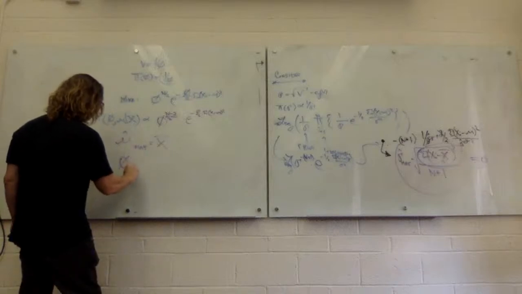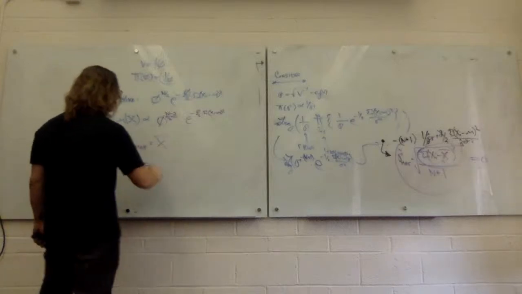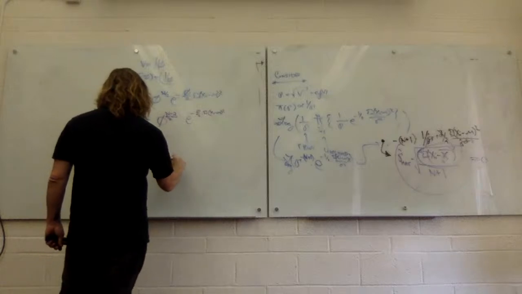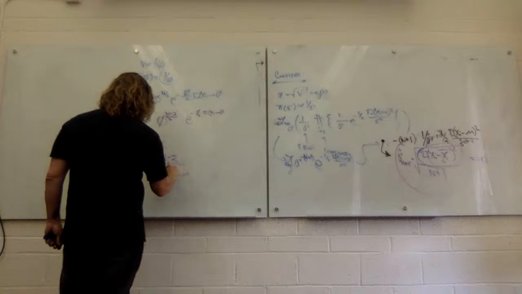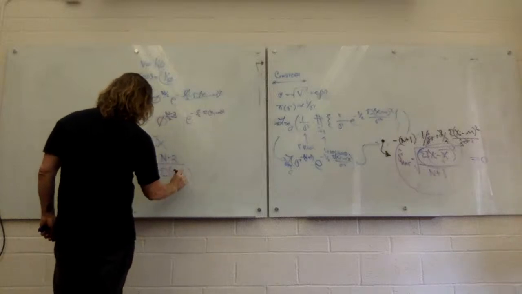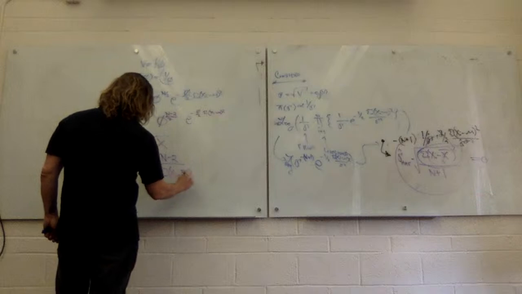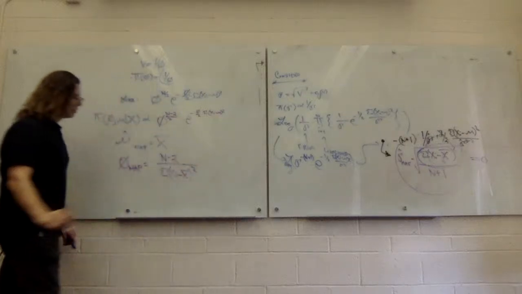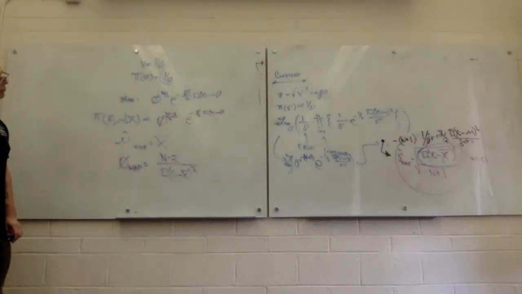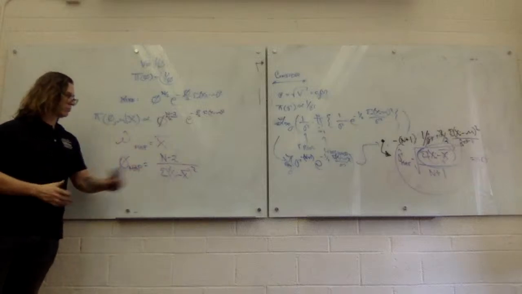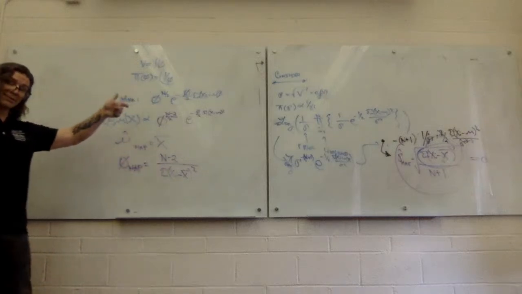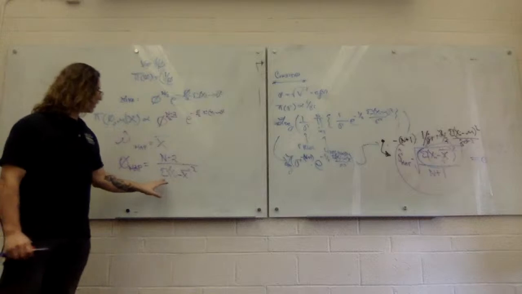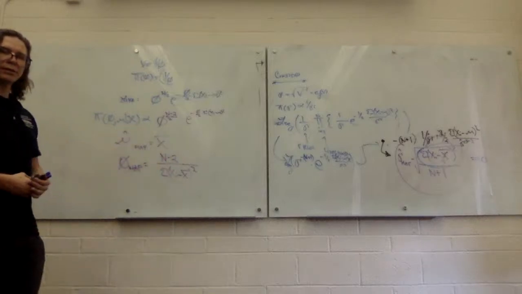So this is going to be n minus 2 over the sum of the xi's minus x bar squared. This is inverted because I'm dealing with the inverse thing. So, but this is different right here.